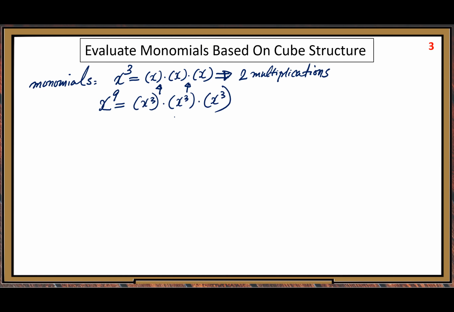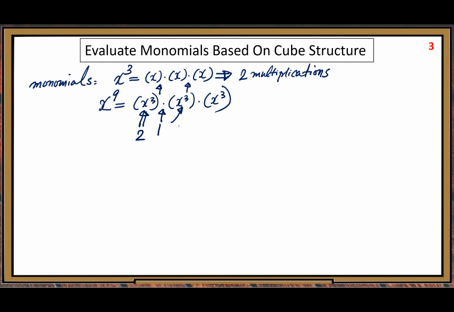Now let us count the number of multiplications we need to calculate x to the 9th. The first copy, we pay 2 multiplications.